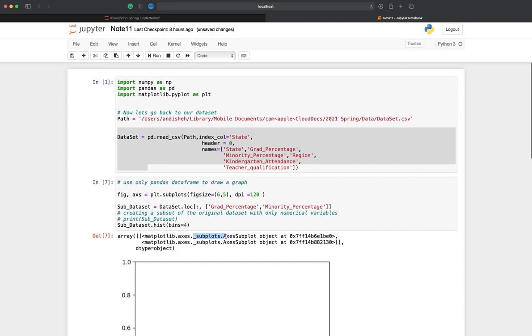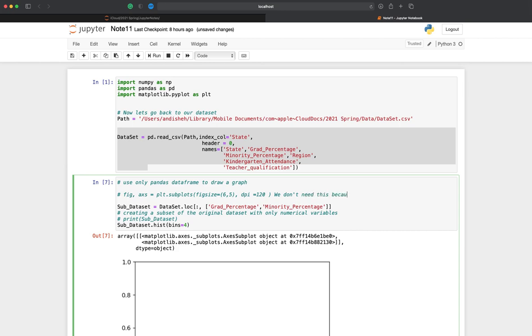So as you see, it shows the subplot that is being created. 1 here, 2 here. Okay, so we are going to remove this and say we don't need this because we are showing only 1 graph.